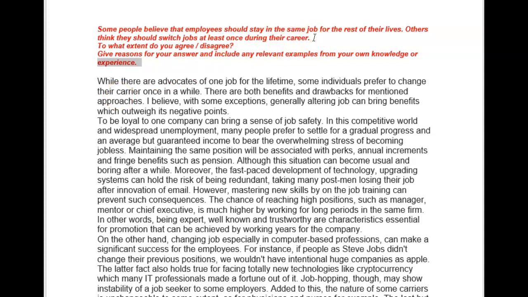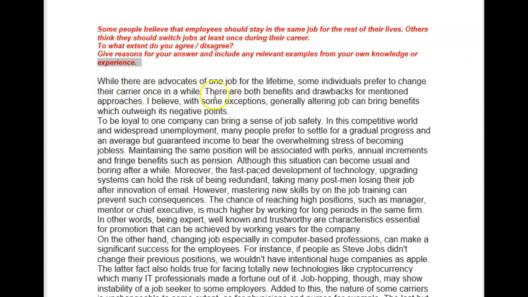"Once in a while. There are both benefits and drawbacks for mentioned approaches. I believe, with some exceptions, generally altering job can bring benefits which outweigh its negative points." Okay, it's fine. I think there were more fluid ways of expressing this idea. So this was fine, with the exception of the spelling mistake.